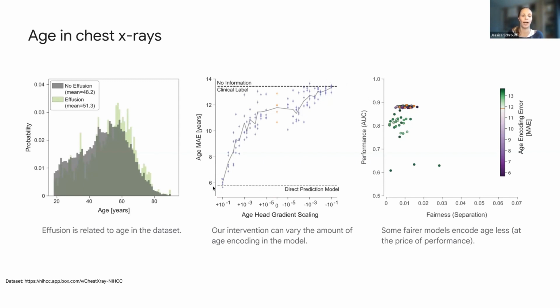You would want to be able to span this. You want to make sure that you can reach this line. But if this line is not significant, then probably you're not going to do anything by changing the encoding of age. So I would say that if you do have a model that significantly predicts your sensitive attribute, then this is worth considering.